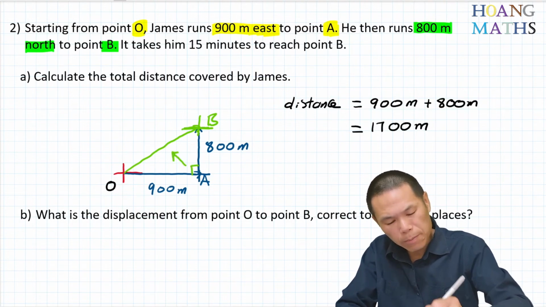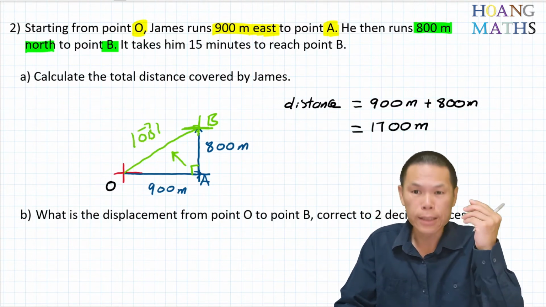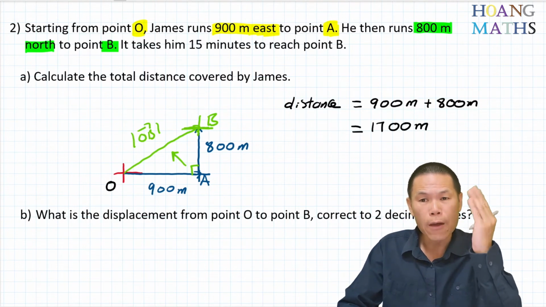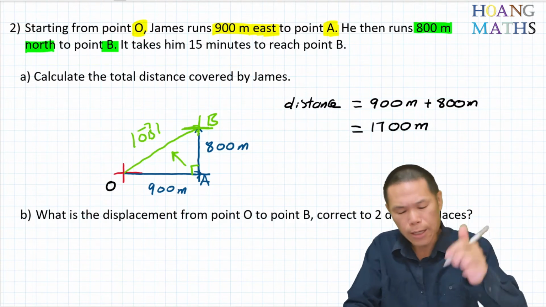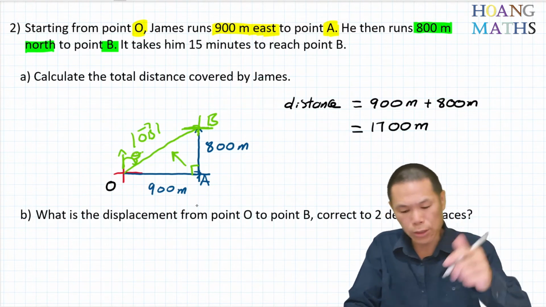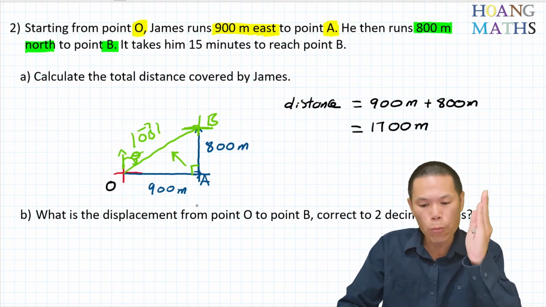So to work out this vector OB, the displacement is the magnitude of OB and the direction. Remember that, displacement is the distance with the direction. The direction starts from north, and this is the angle we're after. Let me work out the magnitude of OB first.